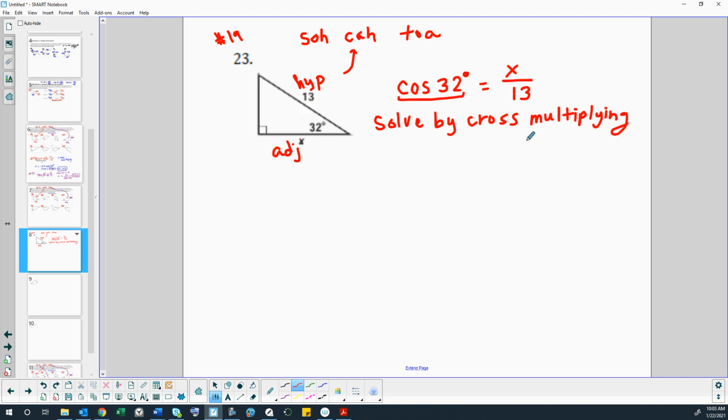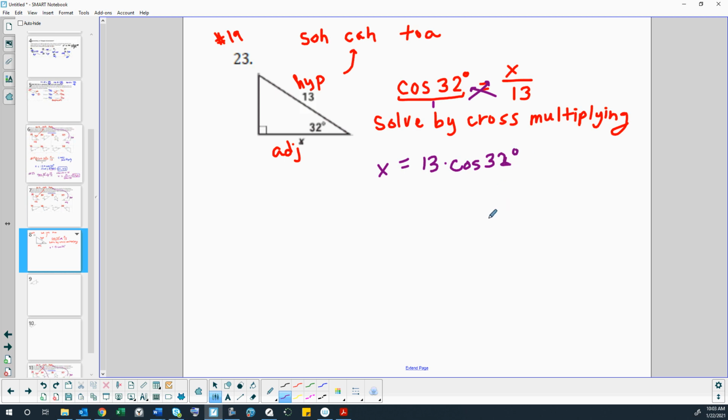Right now we only have one fraction on one side, but I can turn this side into a fraction by putting a 1, so that my cross multiplication now makes sense, I hope. So then we cross multiply. That means that 1 times x is equal to 13 times the cosine of 32. I don't really need that dot, I just wrote it to help us remember we're multiplying.